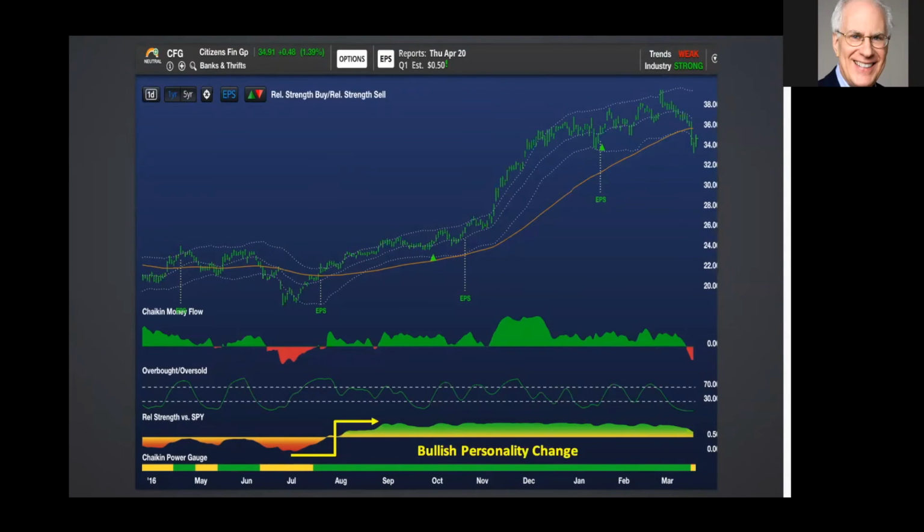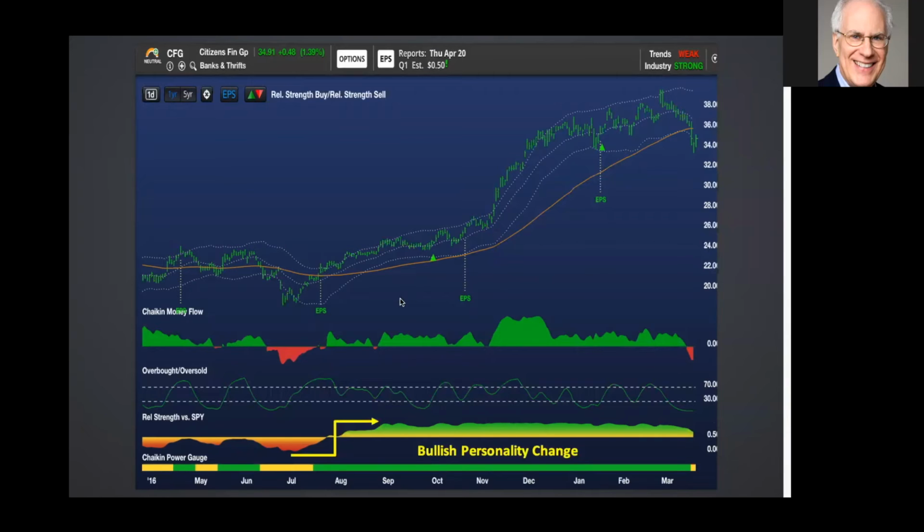So I'd like to focus on the chart here in July when Citizens Financial, which had a bullish Power Gauge rating, meaning that the fundamentals were favorably positioned, began outperforming the market. That's when you get the dynamic duo in play, and we call this shift from underperforming the S&P to outperforming a bullish personality change.